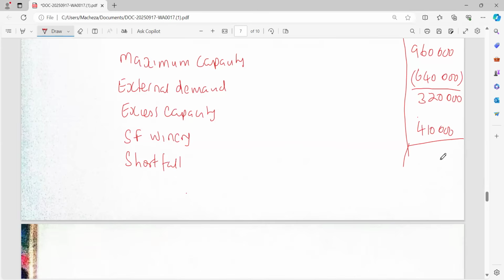Right. So based on your standard, you will now come here and say when you have this 90,000, this is the shortfall. So this is what is going to contribute to your lost contribution. So you now say total lost contribution is now going to be your 90,000 times the 1 rand. We say how much here? We say it's 1 rand 5 cents.